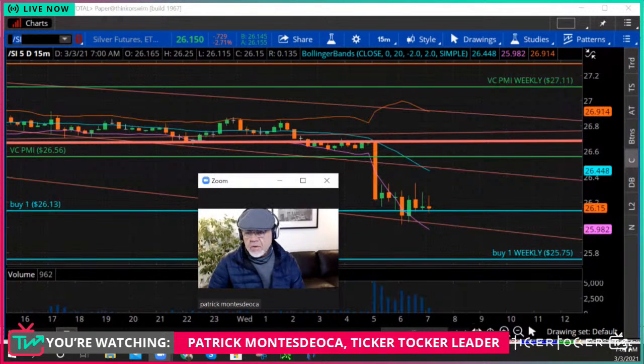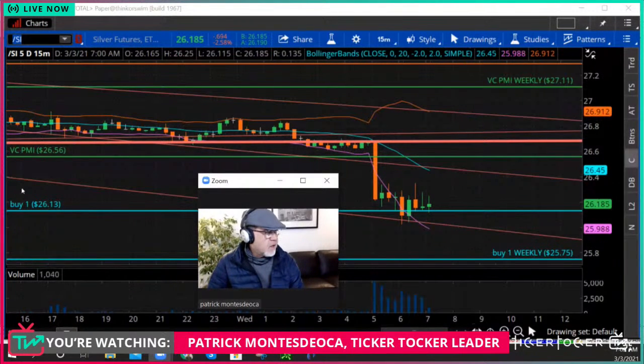So we have an anomaly between the cash market and the futures markets right now. And I'm looking at the board here, and pretty much the whole board is in red right now.